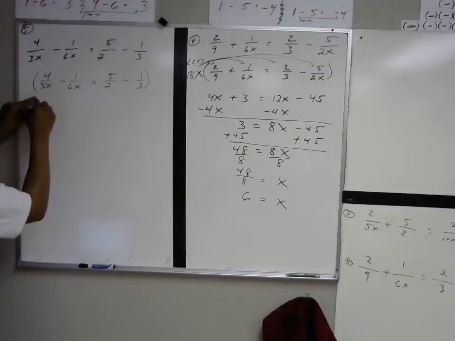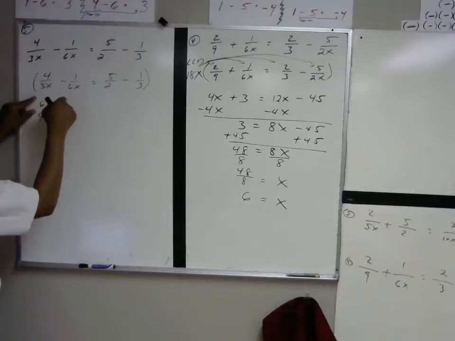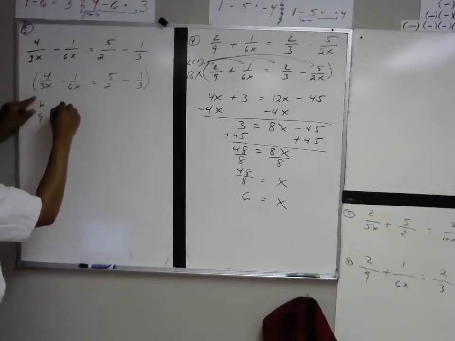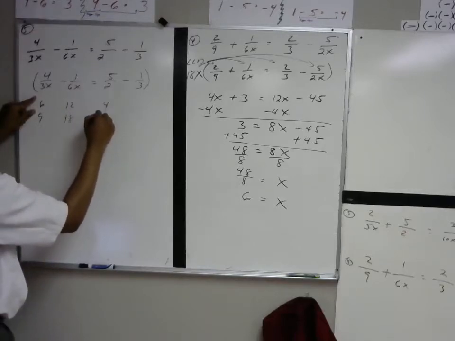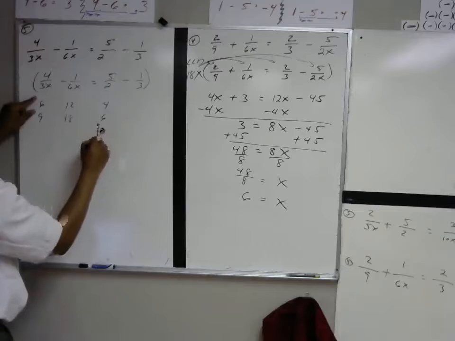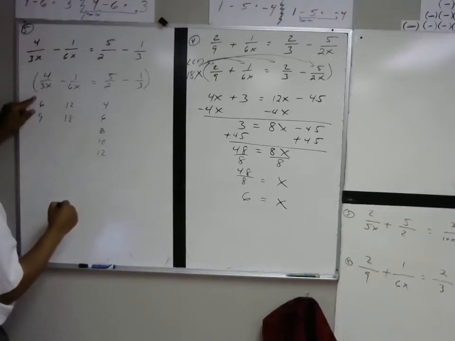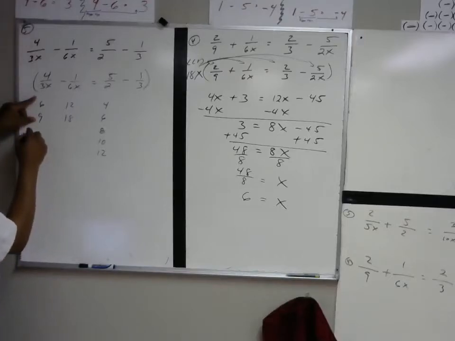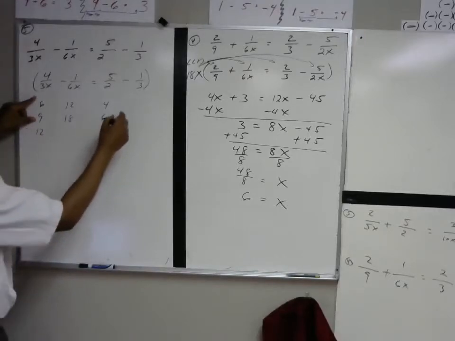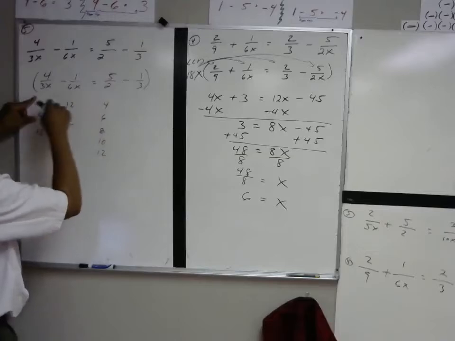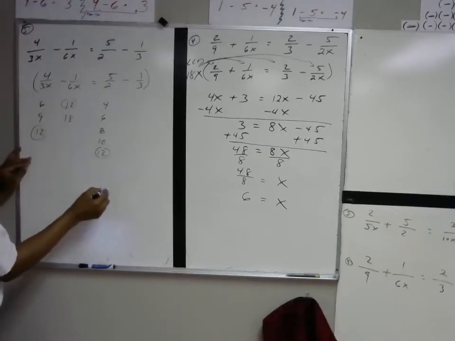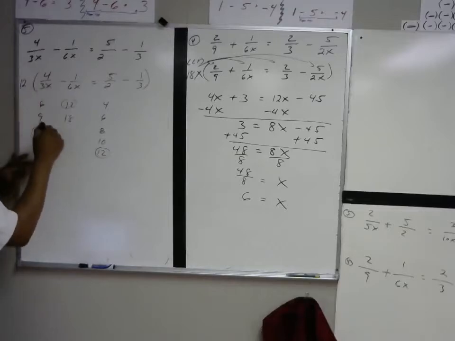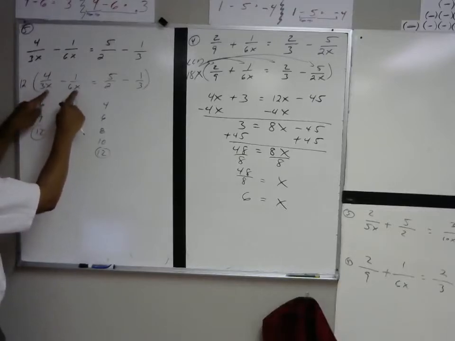So 3, we have 3, 6, 9. 6, we have 6, 12, 18. 2, we have 2, 4, 6, 8, 10, 12. So one more time. So 12 here. And here, same thing here. That's a 3 there. So the common would be a 12. And the highest power of x is x.